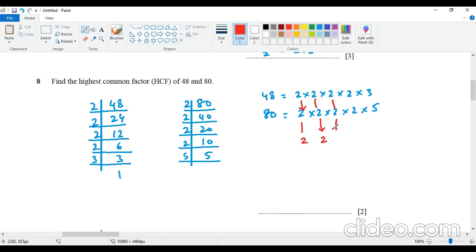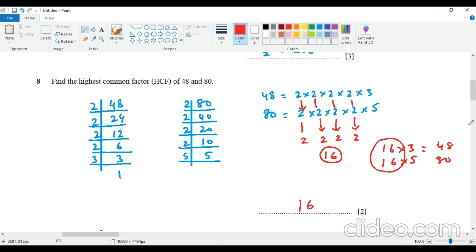This 2 is also a common. This 2 is also a common. So 16 is the biggest number that can divide 48 and 80. Or you can say 16 times 3 and 16 times 5. It's going to give us 48 and 80. So 16 is your correct answer. You should write here to get full marks.